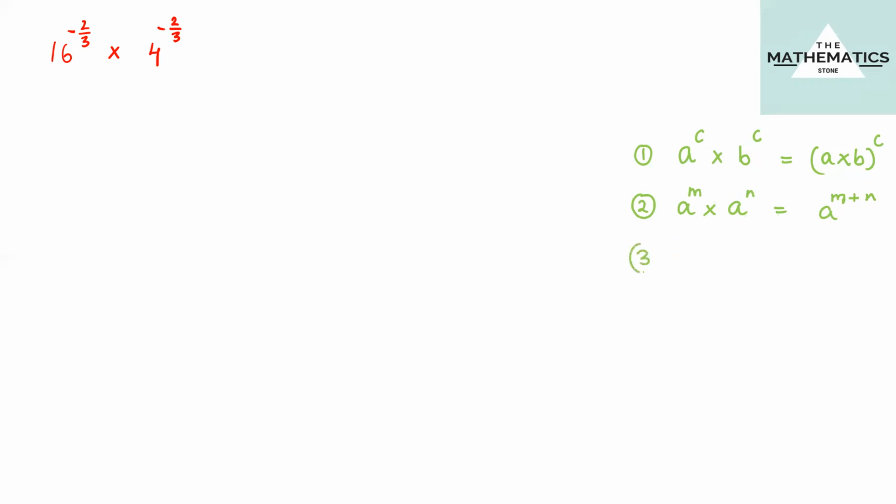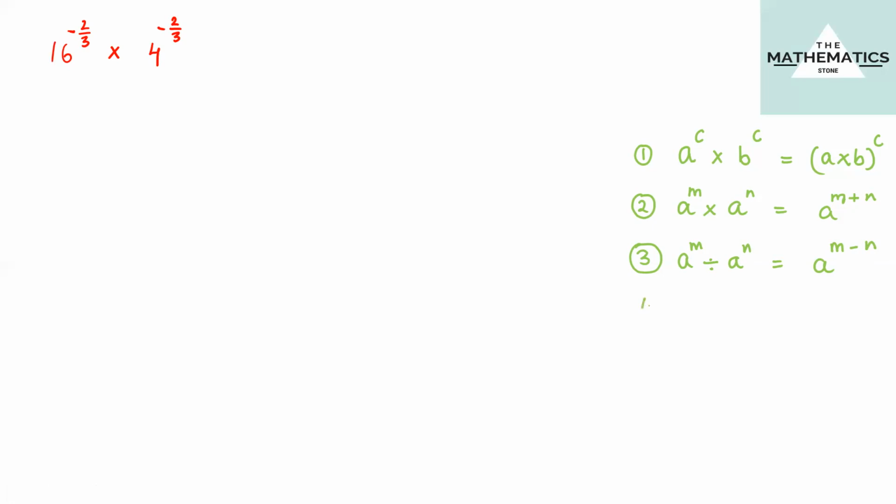Property number 3, and you must have guessed it by now, is called the division property. If you have the same bases getting divided, but their exponents are different, then we subtract the exponents, a raised to m minus n.